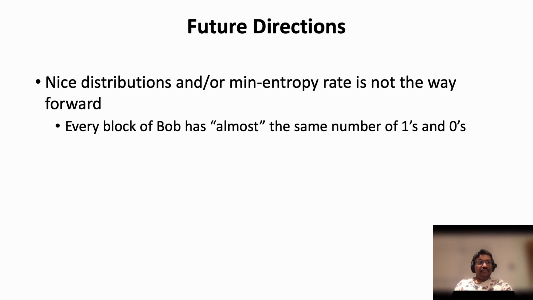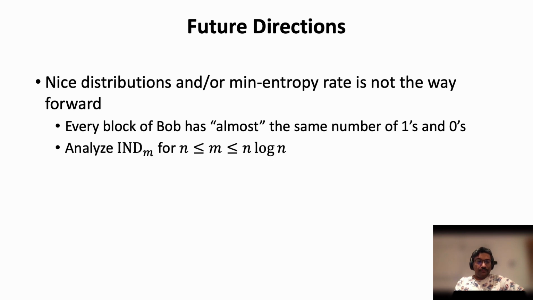So one way to avoid such pathological counterexamples would be to consider inputs where every block of Bob has an equal number of zeros and ones. Once you maintain such a set of inputs in your simulation theorem, our counterexample no longer works, and we don't know how to disprove the conjecture with such a set of inputs.